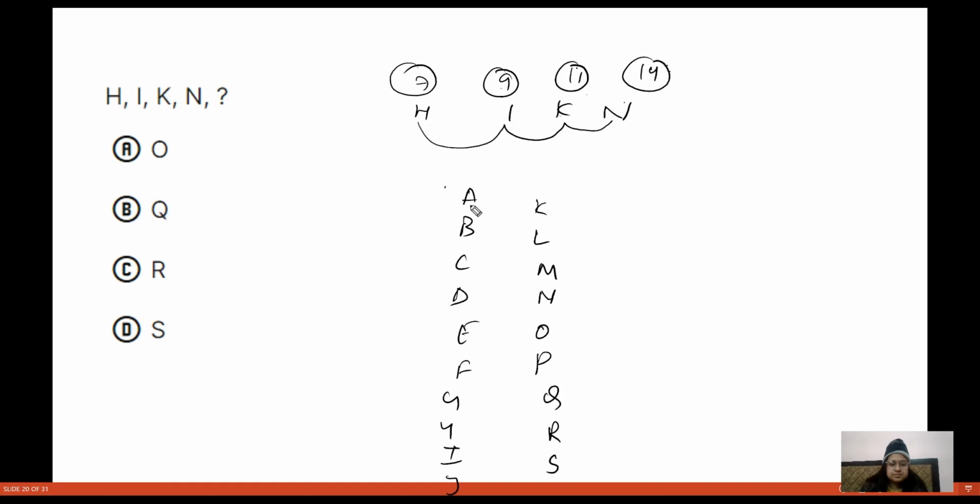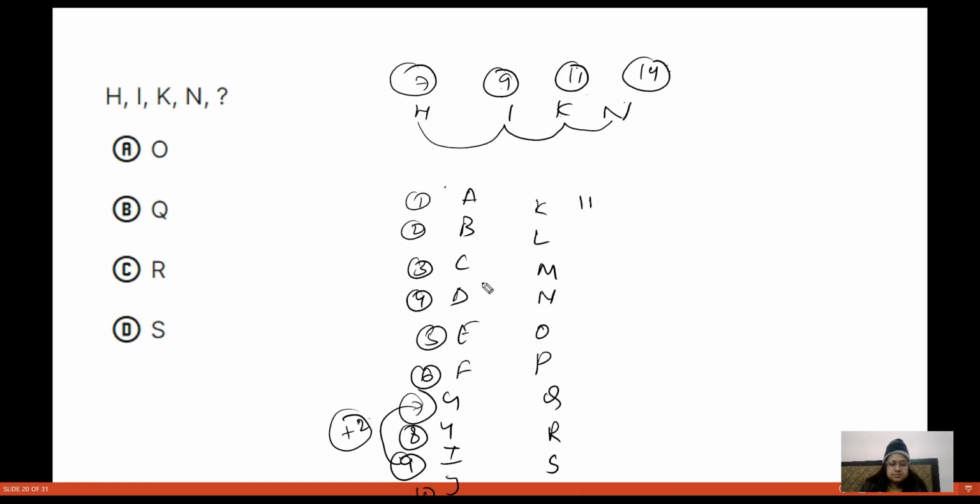So what we are doing here? 1, 2, 3, 4, 5, 6, 7. G is 7, H is 8, I is 9. So basically plus 2 here. Then 10 and 11. Then basically plus 2 here as well.